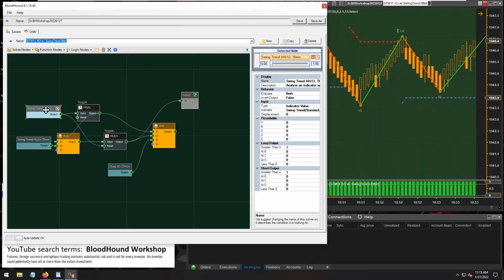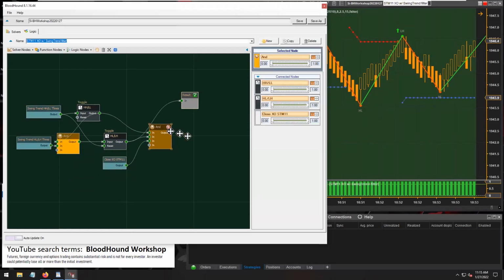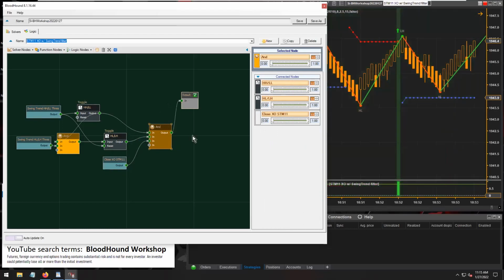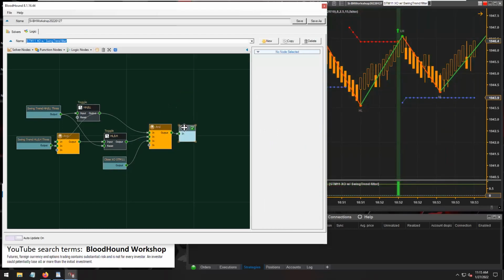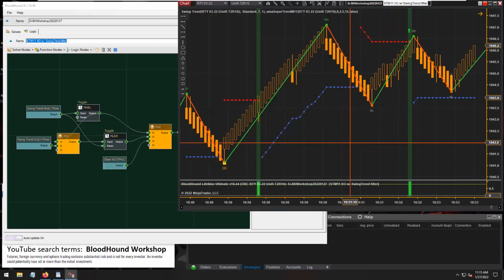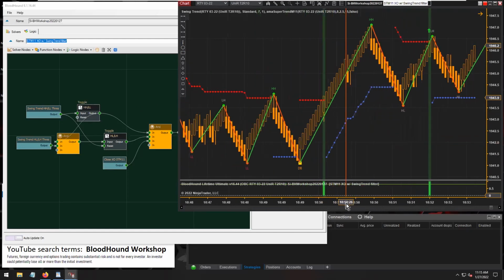All right, so now let's take a look. There we go. Hopefully that fixed a couple of things here. So right here we got a double bottom, so it's not a higher low, but it's a double bottom.